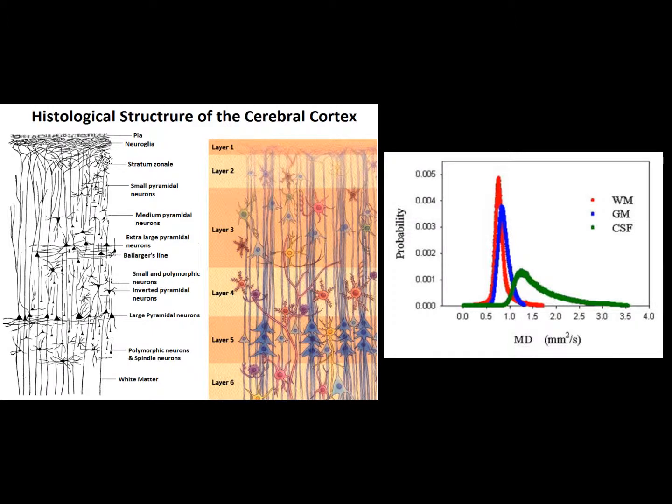Of course, given the highly complex structure of the cerebral cortex and the tight packing of axons in white matter, this means that mean diffusivity is restricted in both white matter and in grey matter relative to cerebrospinal fluid.